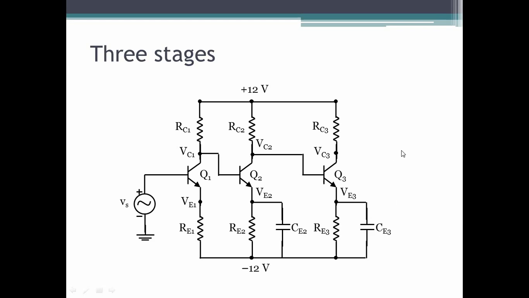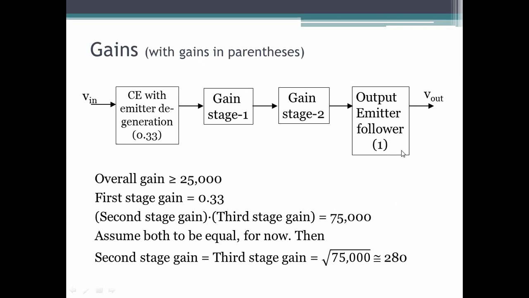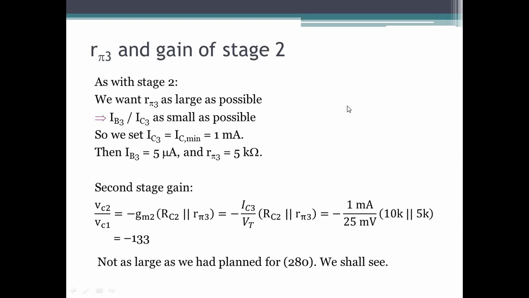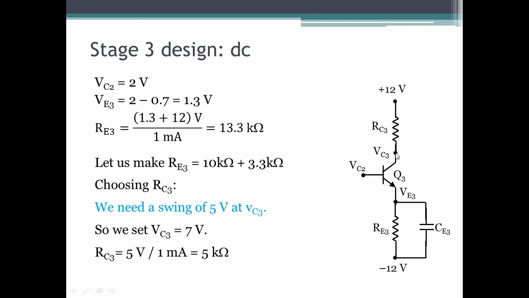Alright, in fact actually we did see this. Where is it now? I've lost it. Here. So we said that the voltage swing here has to be 5 volts. So the voltage swing needed here is plus minus 5 volts. So about the DC, this voltage should be able to go up 5 volts and go down 5 volts. How much is VE3? It is 1.3.